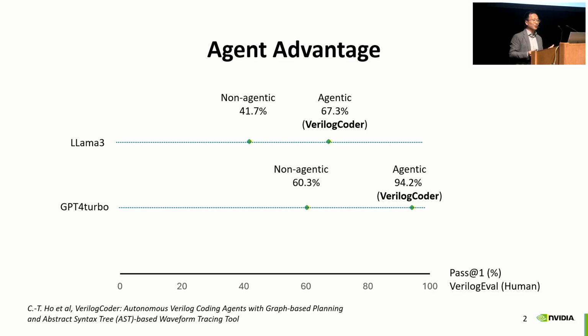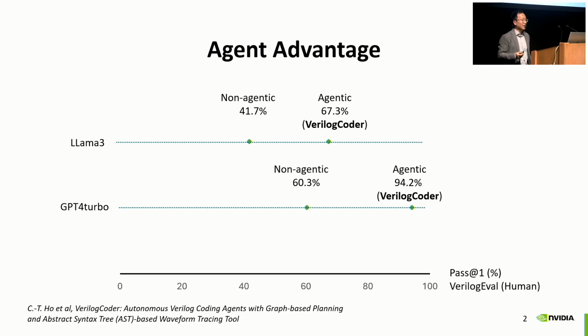As we can see, on GPT-4 Turbo, VerilogCoder can achieve a 94.2% pass rate, almost solving all the problems in this benchmark. It is significantly higher than the non-agent GPT-4 Turbo pass rate, which is already the state-of-the-art result on VerilogEval, 60%. And other fine-tuned LLMs seldom exceed this number.